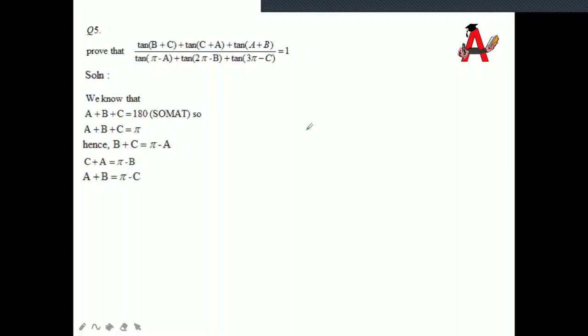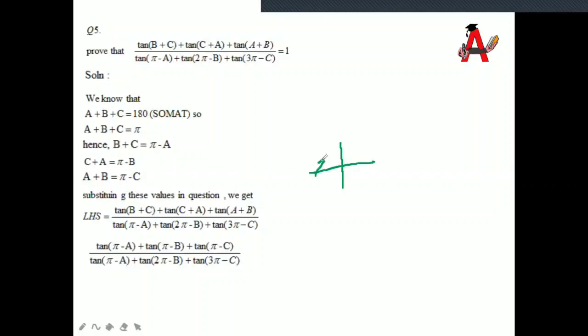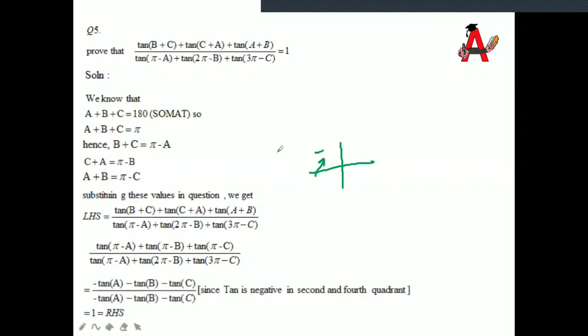We will substitute all these 3 values in the numerator. Here we will get tan (b plus c) plus tan (c plus a) plus tan (a plus b). Now if I substitute here, it will become tan (pi minus a) plus tan (pi minus b) plus tan (pi minus c). Now, we all know that in the second quadrant, tan is negative, so this will become minus tan a minus tan b minus tan c.